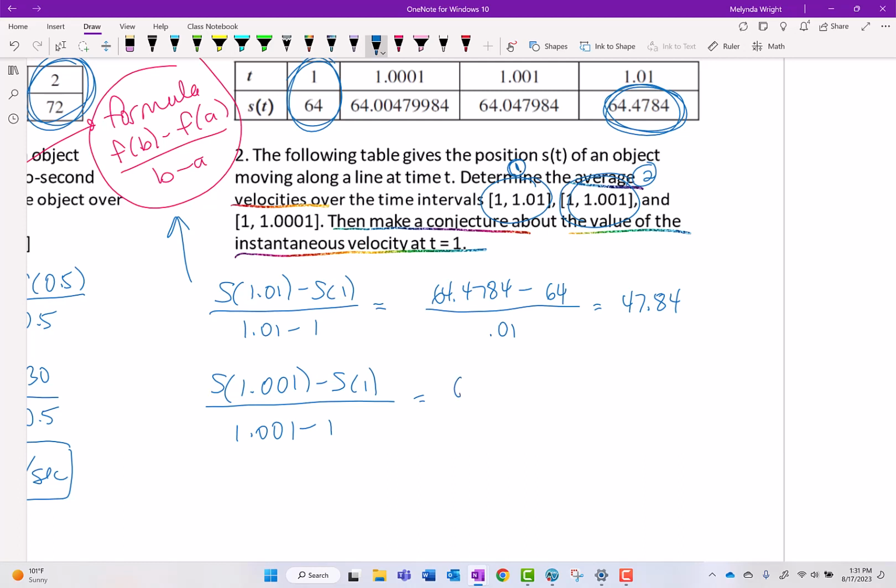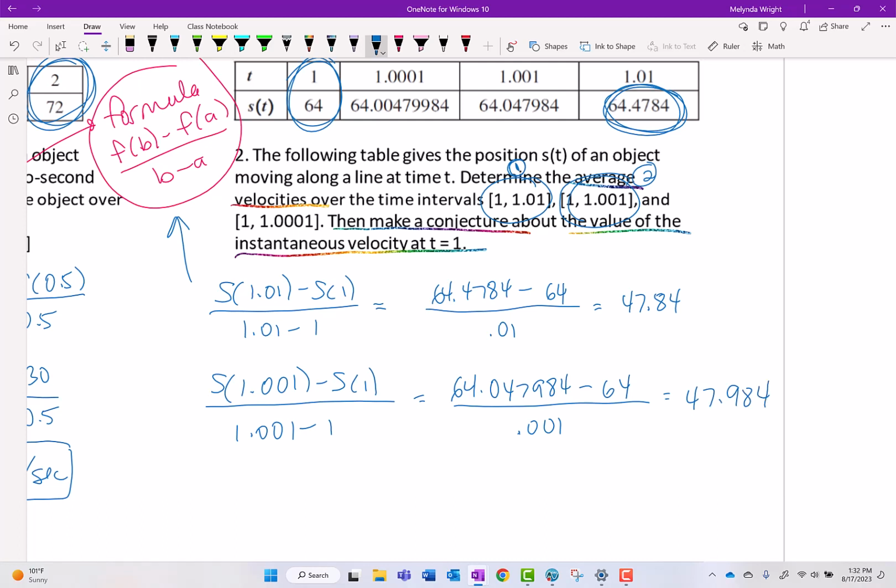All right, so we've got 64.047984, where they like to give us lots of decimal places, minus 64 over 0.001. Again, I put it in my calculator. This is a fairly simple computation, and I get 47.984.